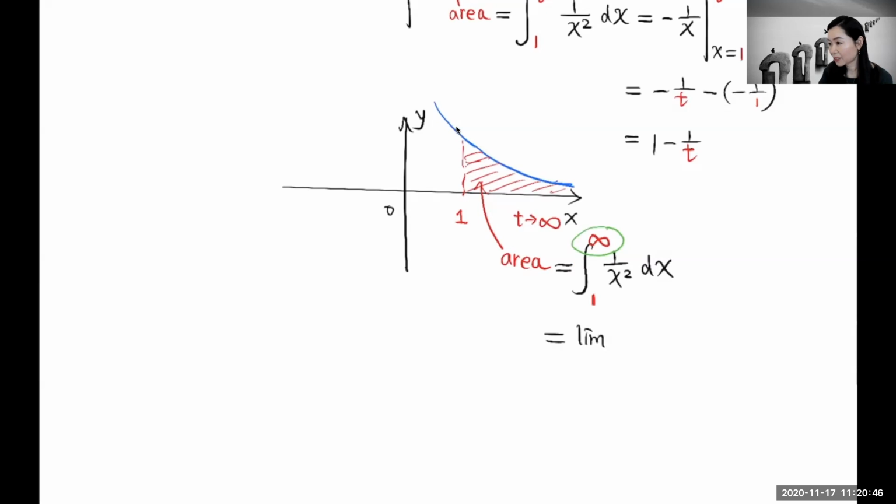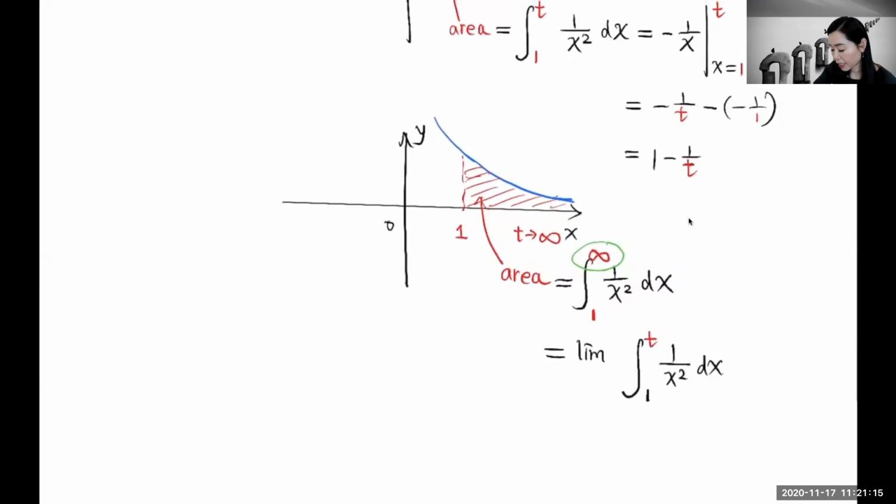This improper integral here is defined to be the limit of this proper integral, where x here goes from 1 to t. And then you take this proper integral over here and take this t to infinity. So this improper integral here is defined to be the limit of this proper integral, where this upper limit here goes to positive infinity.